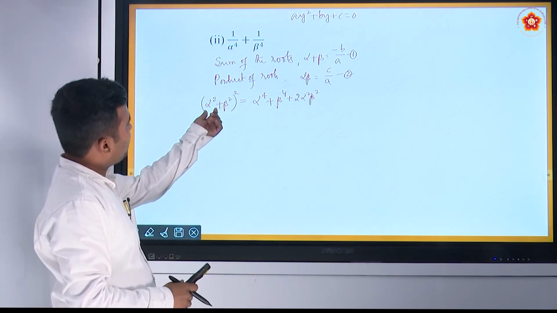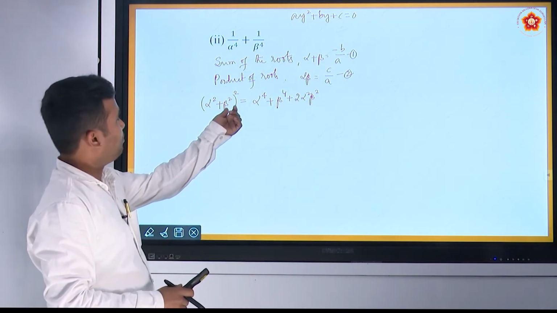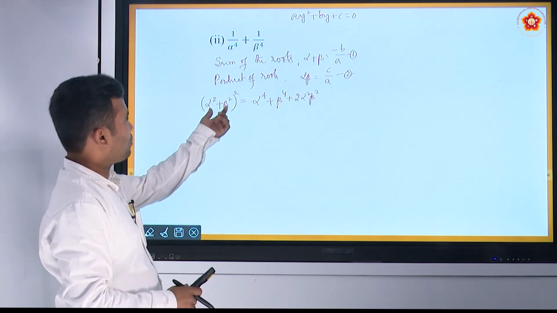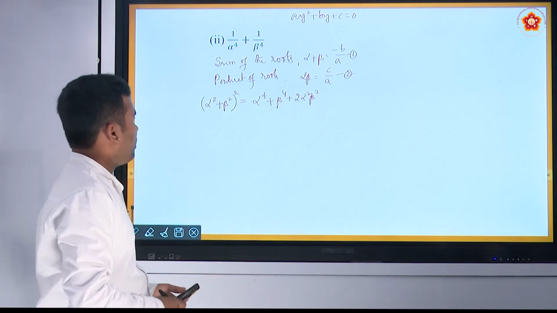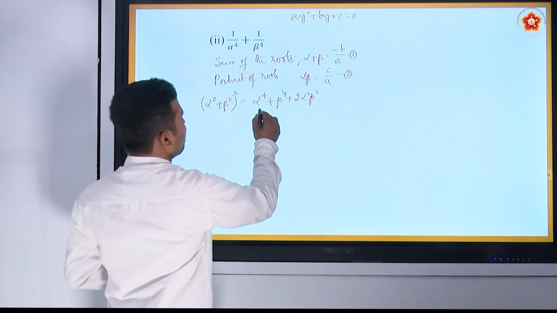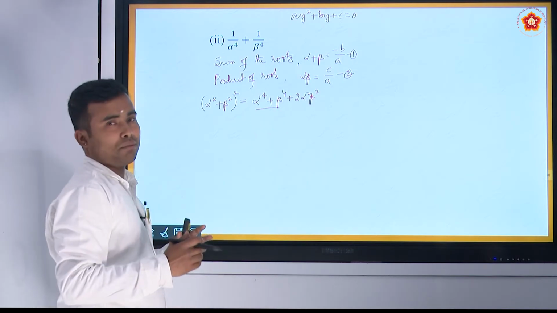Like here a is alpha square and b is beta square. So what is a plus b whole square? a square plus b square plus 2ab.